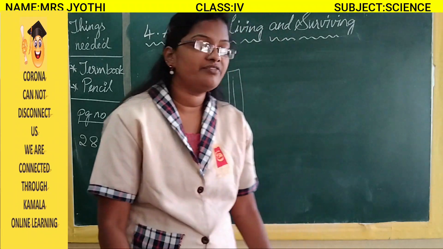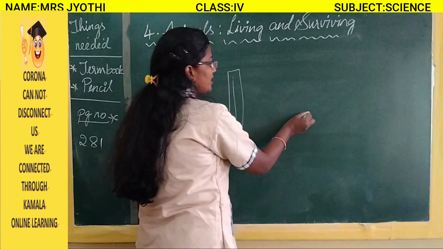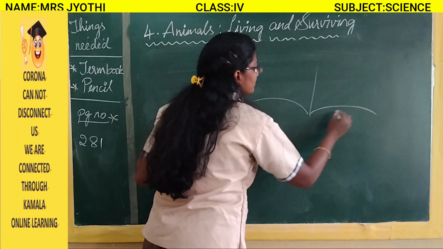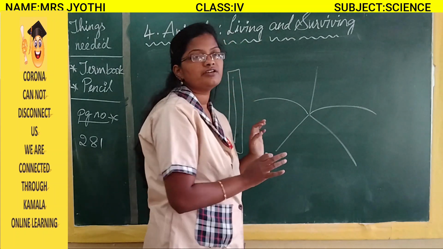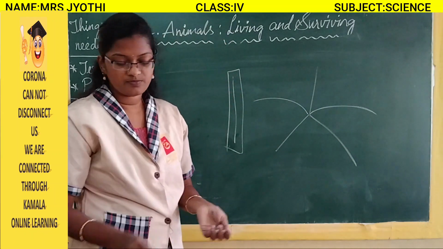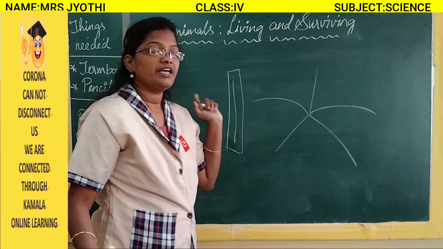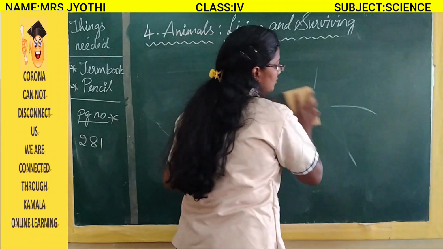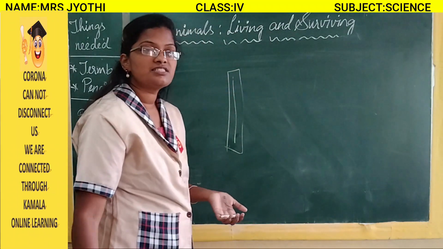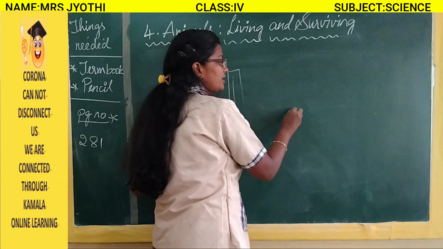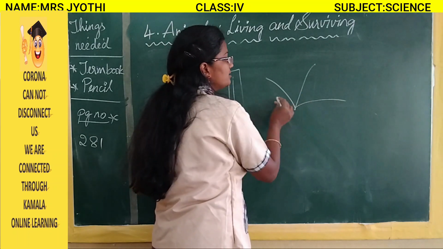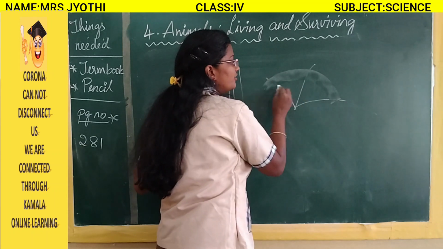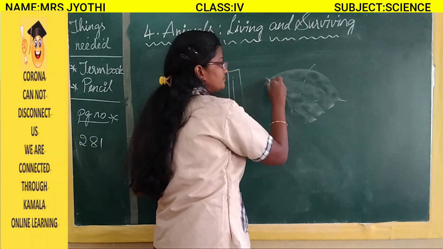Like how an umbrella has sticks, steel strings, and a cloth is covered with the help of these strings. In the same way, a bat also has like that. It has legs like this, which is completely covered with the skin.